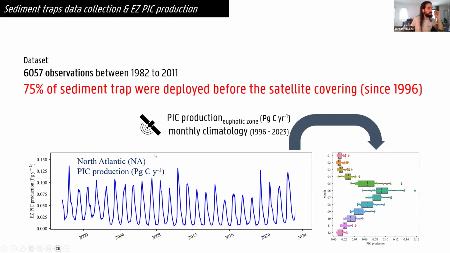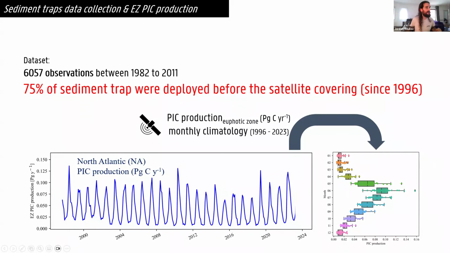As you can see, if I take the example of the North Atlantic subarctic, on this time series you have the PIC production in petagrams of carbon per year that I computed over 3 decades, from 1996 to last December. We observe a constant cycle of PIC production, basically higher during spring and summer.